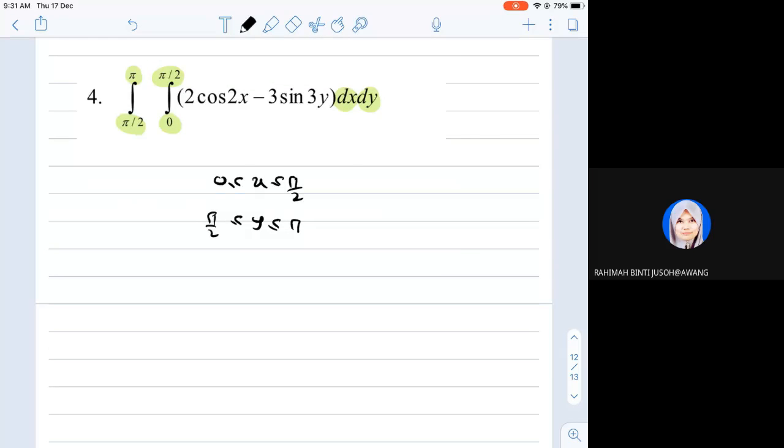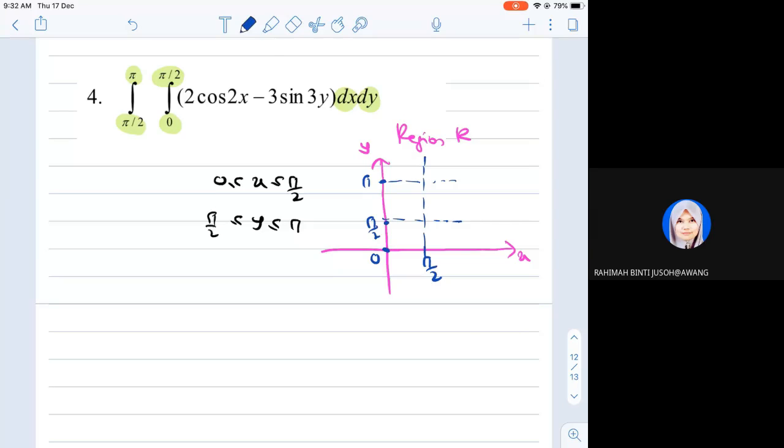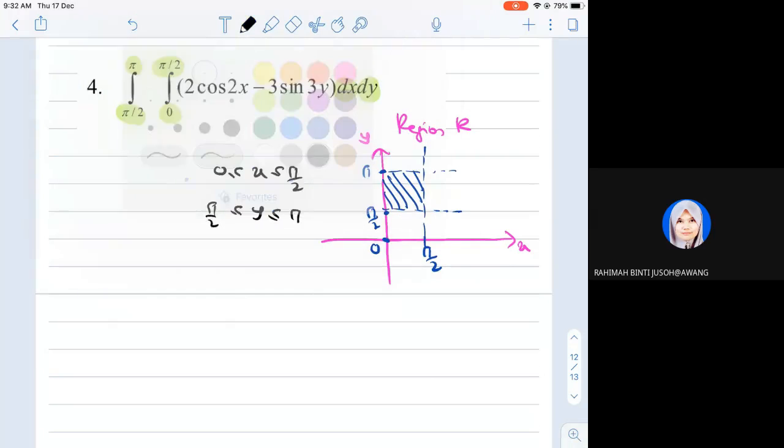So right now, let us sketch the region R. Pi over 2 is also a value, a constant. So we have this region. The shaded region is here. Alright, so this is the region R. Okay, now let us solve this.